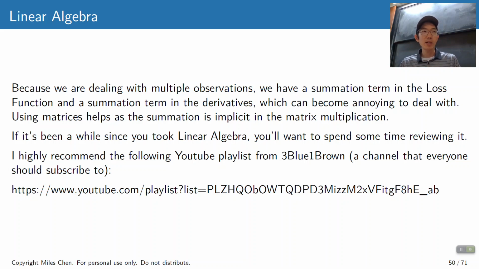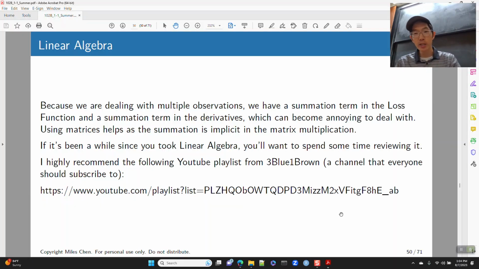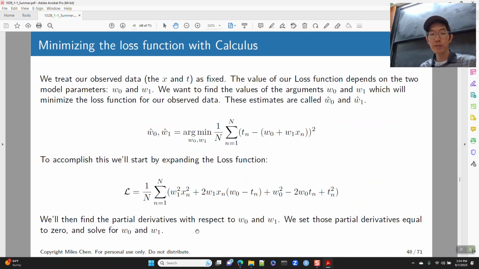I want to look at this again, but we're going to do it using linear algebra. Because we're dealing with a whole bunch of observations, when we look at the loss function, we have these summation things, because we're saying take the difference for our first observation, then add it to the squared difference for a second observation, and then add that to the third observation.